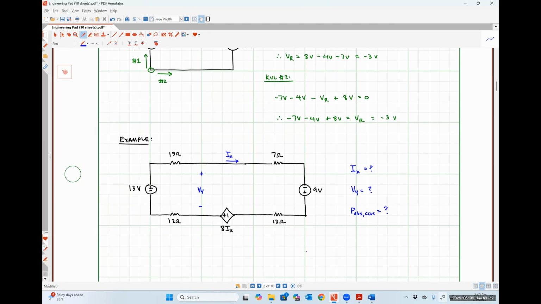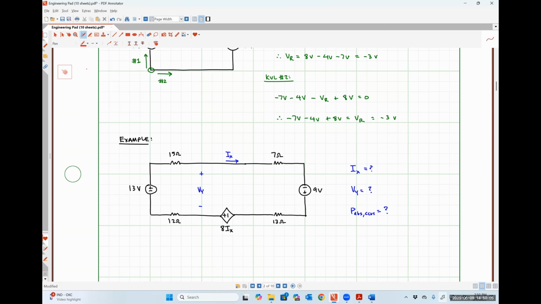So for this particular problem, we aren't given the polarity of the voltage drops across anything except our sources, which means we need to make a guess as to what the polarity across each one of our resistors is. Okay. So I am intentionally just going to kind of mix things up here.